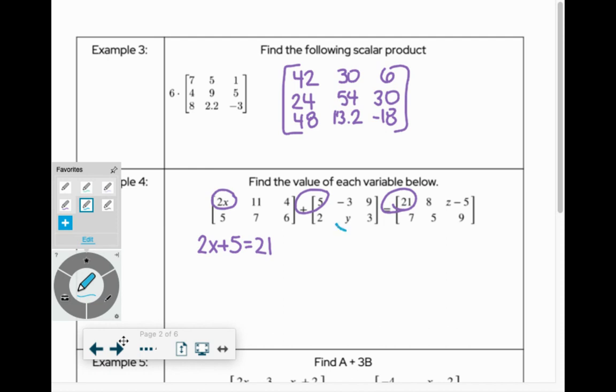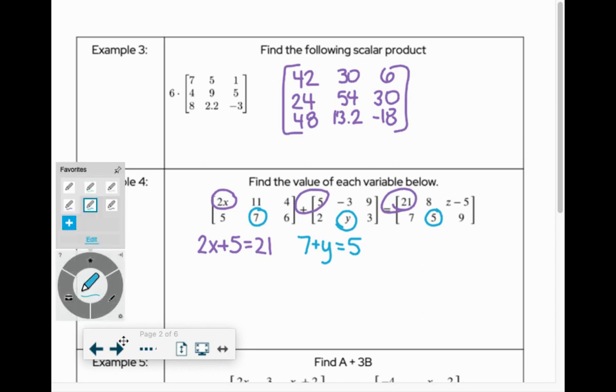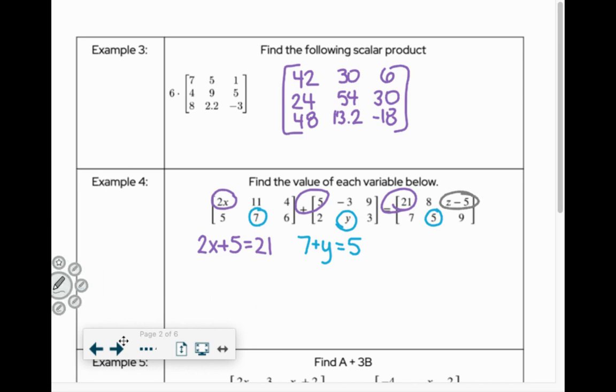Let's see, here's the y, so that's row 2, column 2. So 7 plus y equals 5. We just have to make sure that these are adding together correctly, pretty much, is all I'm saying. Okay? And then for the last one, z is all the way over here. It's on the equals end. And it's in row 1, column 3. So we need all the other row 1, column 3s. Meaning 4 plus 9 equals z minus 5.